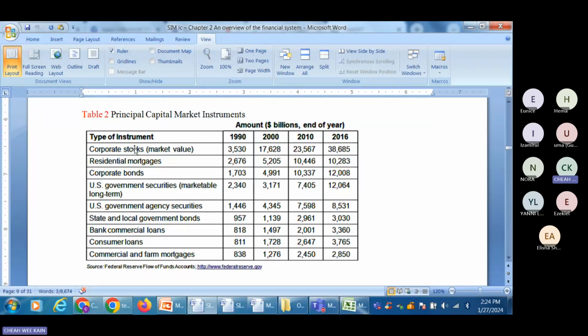Now, instruments can only come about whereby there is a borrower and there is a lender. So now there's a lot of people with a lot of money, therefore there are a lot of savers, a lot of lenders. Now, why is there a lot of borrowers? Because people take advantage.